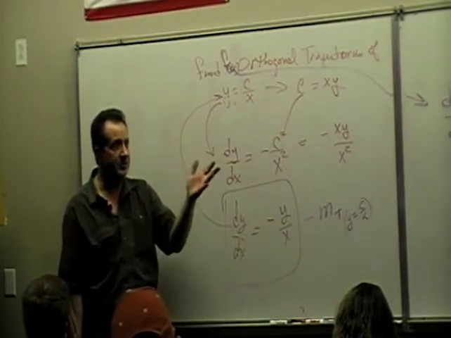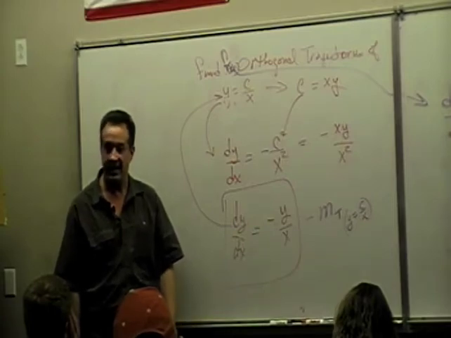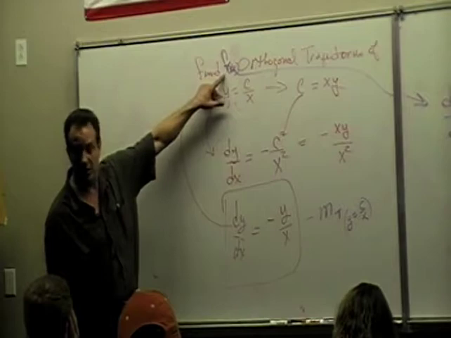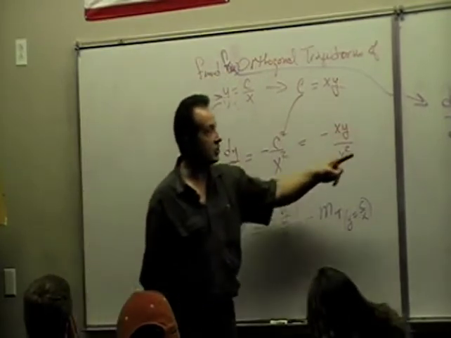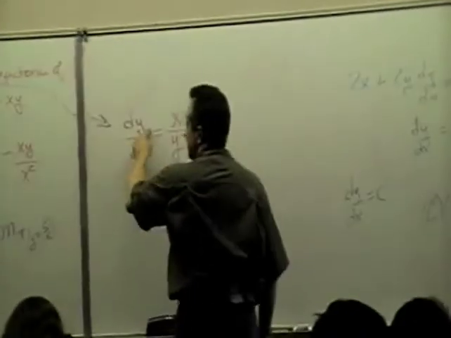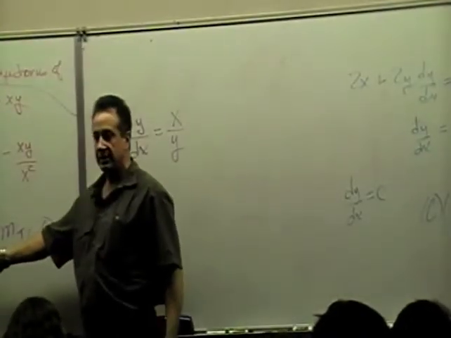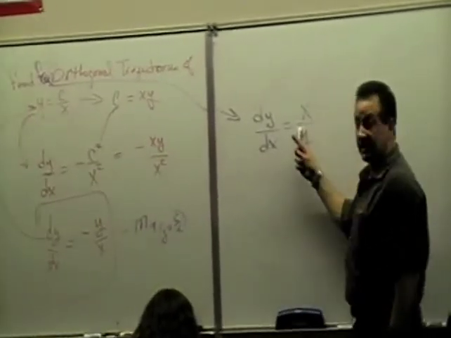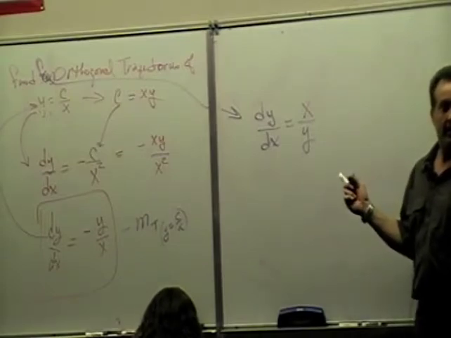If you take 5, what's the negative reciprocal of 5? -1/5, right? So the slope of the tangent line to our second curve, the f of x, must be the negative reciprocal. Take the negative reciprocal of this: flip it, change the sign, you get x over y. Do you understand? Yes.